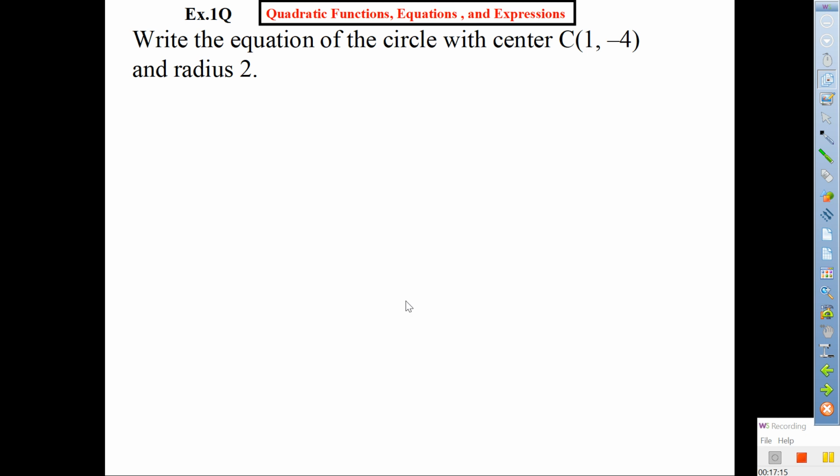Don't copy this. Writing utensils down, look up to the screen. Center, 8, 9. Radius, 10. If I was to ask you to think about the equation in standard form, tell your neighbor the equation, please. All right.